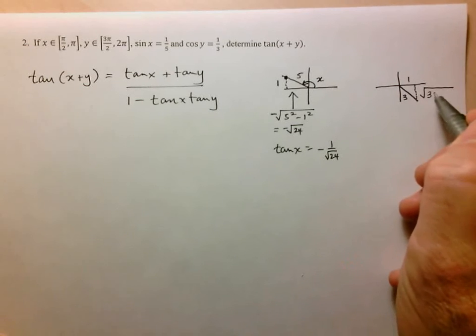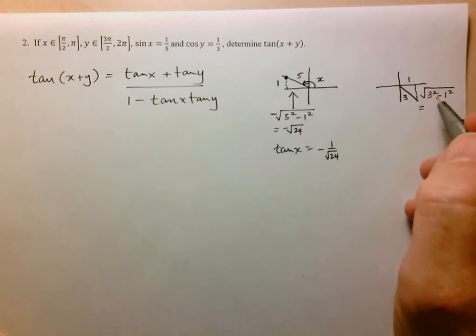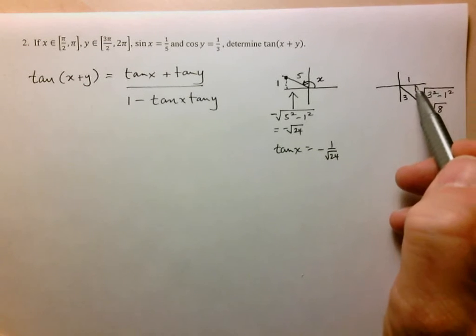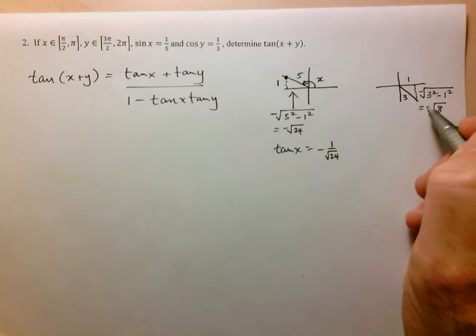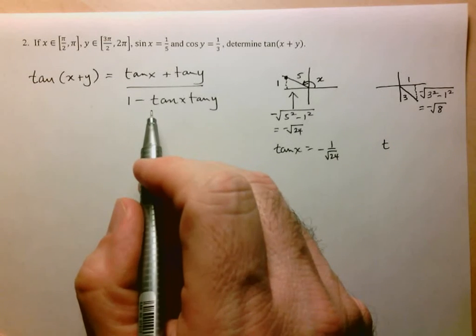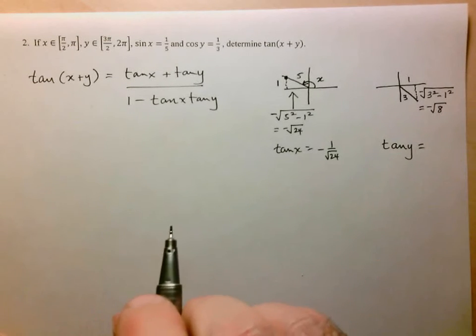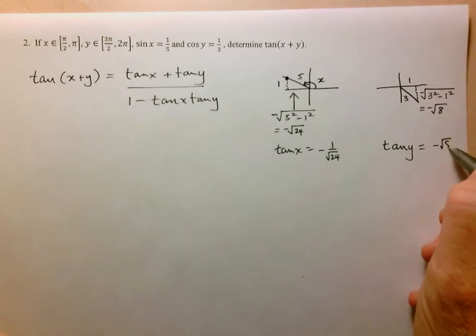The hypotenuse squared minus the other side squared is 9 minus 1, which is 8, so root 8. But again, this is going to be a negative value, so I might as well represent that right here. The other thing I need in order to calculate this expression is tan of y, which is y over x, so it's just negative root 8.